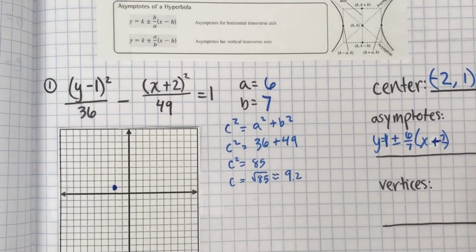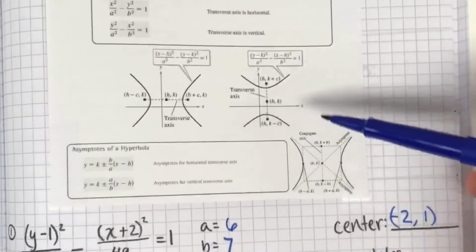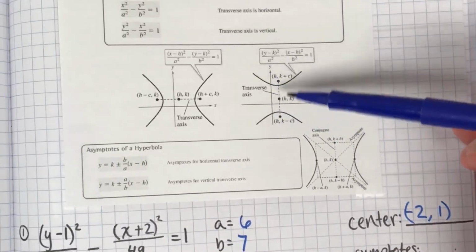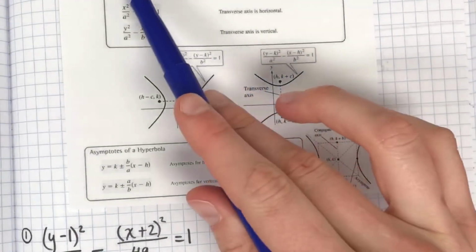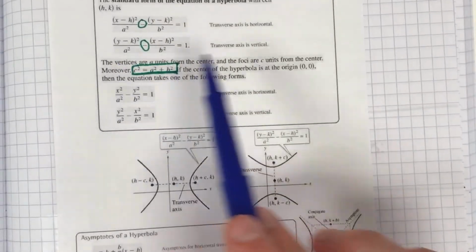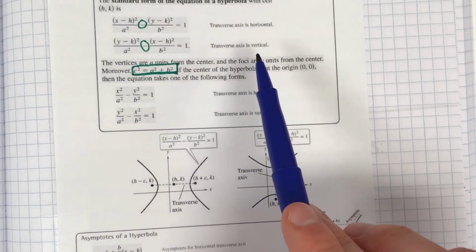All right, and now to find our vertices, we know it's going to look more like this graph, all right, because our y is first. So our transverse axis is vertical.